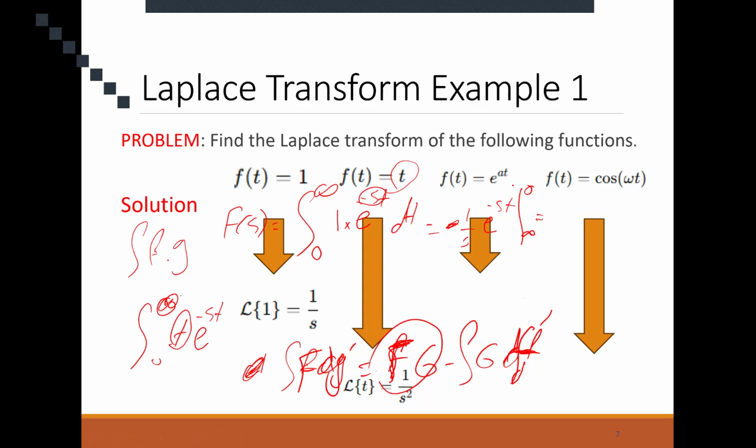What about e to the power of at? If you put that in the integral, e to the power of at times e to the power of minus st dt, you can mix these two, right? So now it's going to be e to the power of minus s plus a times t. You have to have a minus, so it becomes e to the power of minus (s minus a) t.